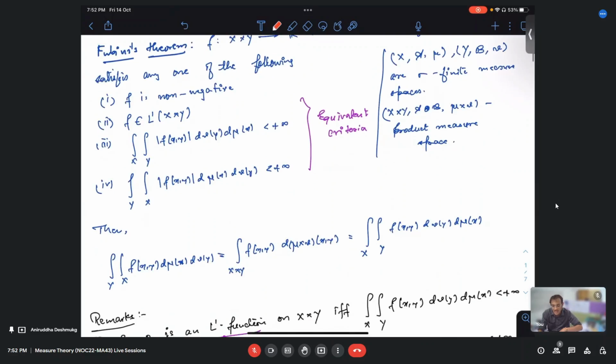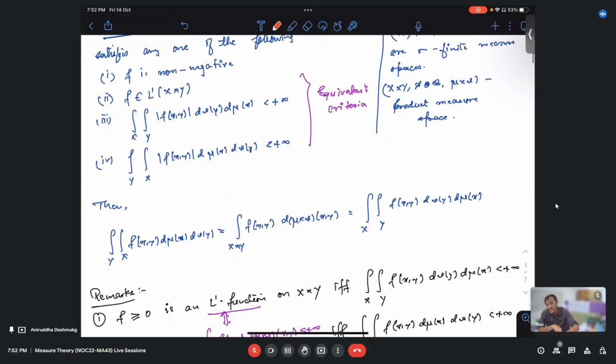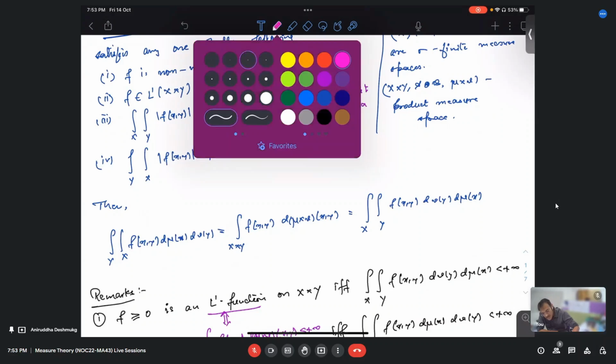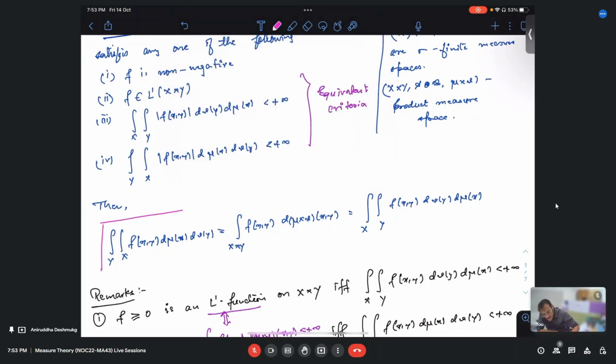The other condition is f is in L1, or any of these equivalent statements. Even this is too much to ask. Out of many functions that you may encounter, those functions may not be in L1. So directly, we cannot use the iterated integrals to calculate the integral over the measure space.